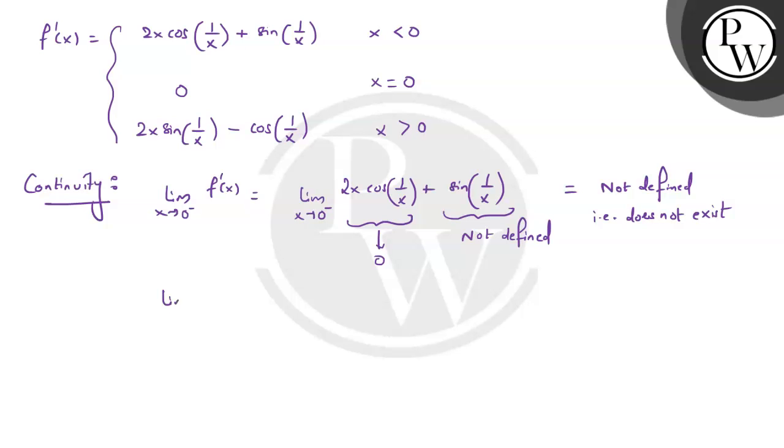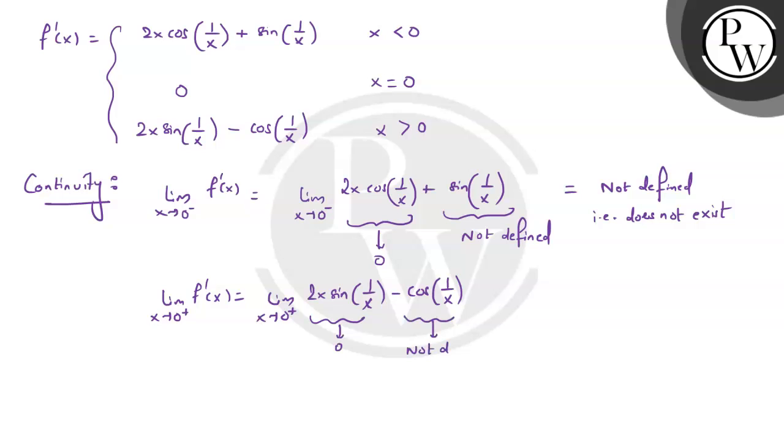Now let's evaluate the right hand limit. So we have limit x tends to 0 plus of f prime of x equal to limit x tends to 0 plus of 2x times sine of 1 divided by x minus cos of 1 divided by x. Here again this limit is 0, but this part is not defined. The limit is not defined.